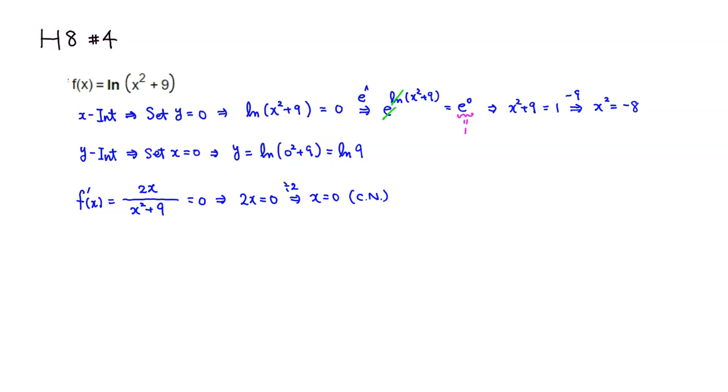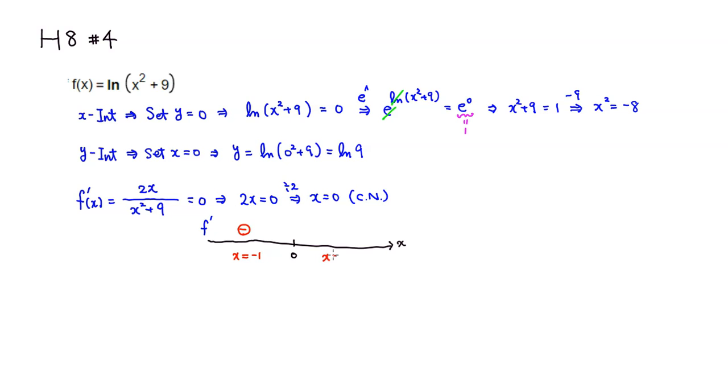Then we're going to do a number line. Draw a number line there. Sorry, I can't draw a straight line. So x is 0, and we look at the sign of f prime. I'm going to try something less than 0, which is negative 1. If you plug in negative 1, you have a negative on top, and the denominator is always positive, so you have a negative first derivative.